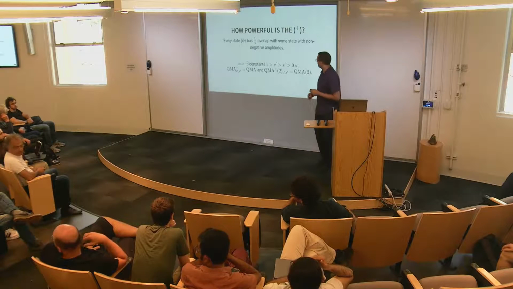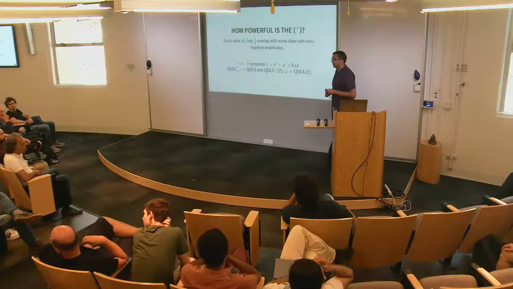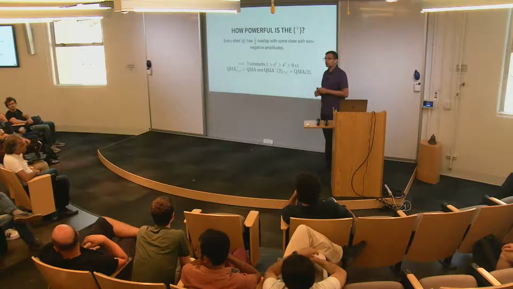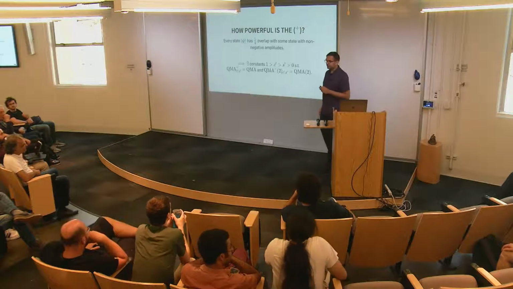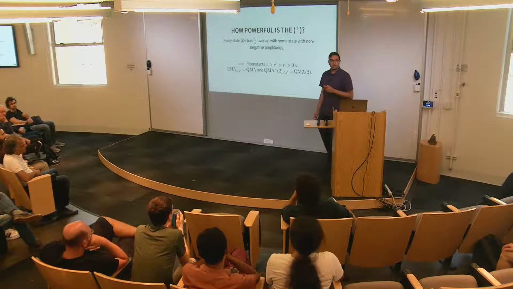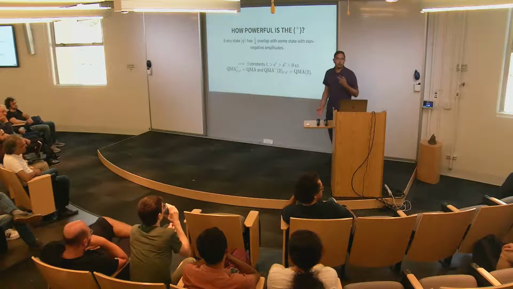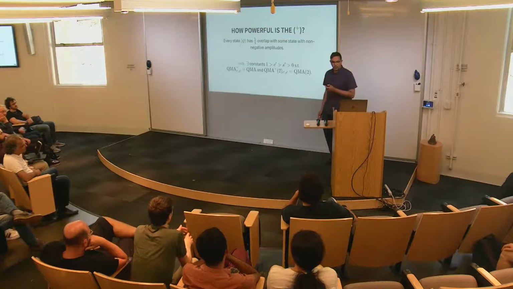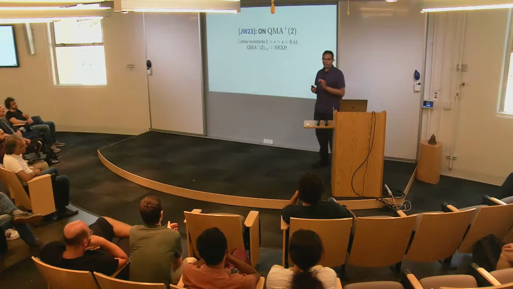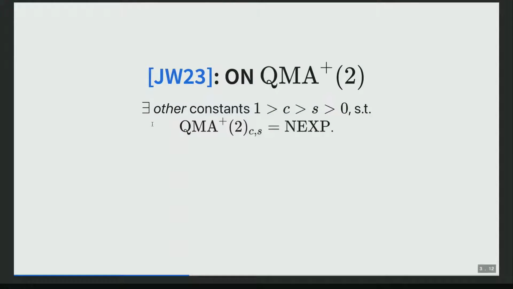So are these C prime and S prime constants here, or are they dependent on something? Yes, they're constants. Okay, but what was surprising, and I think this is what motivated this class in the beginning, was that for QMA2 plus, there are some other constants C and S you can choose where it's equal to NEXP. So what does that mean?